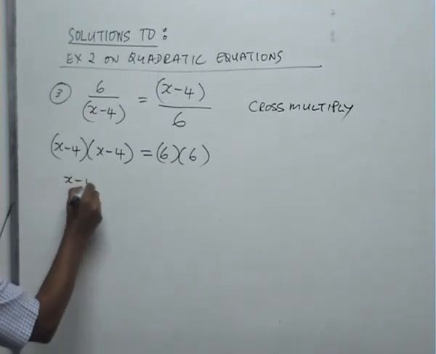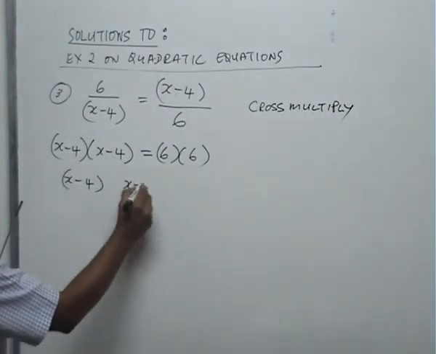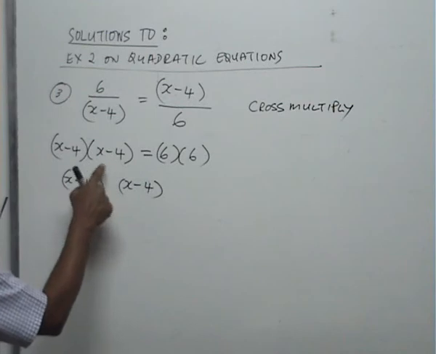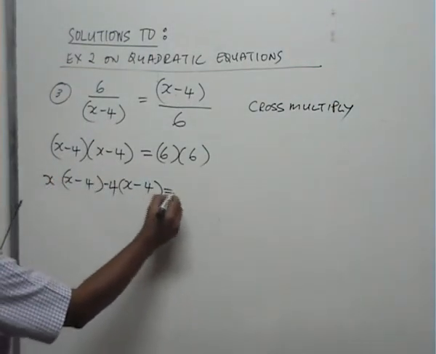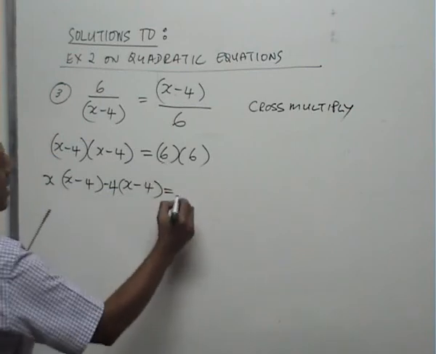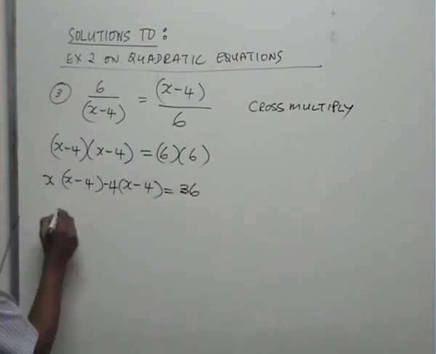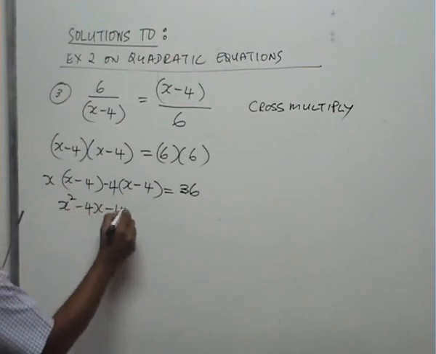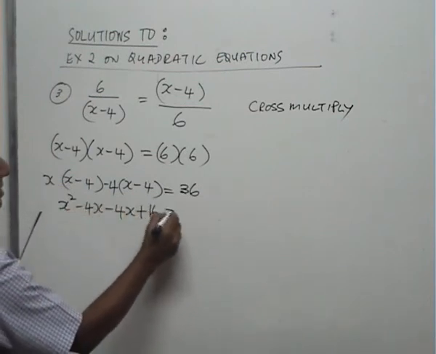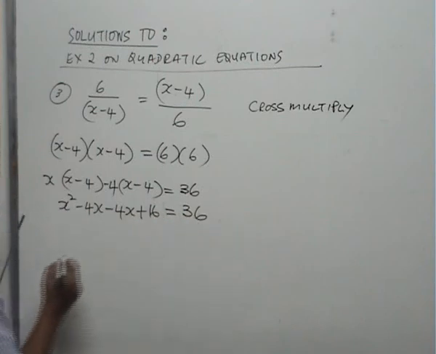If you do it step by step, you'll write the second bracket 2 times. Here you write x. Here you write minus 4 is equal to 6 times 6, 36. And that gives you x squared minus 4x plus 16 is equal to 36.